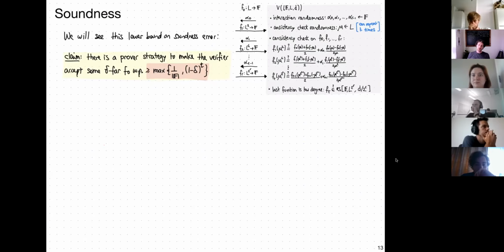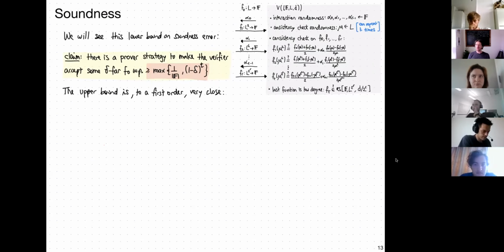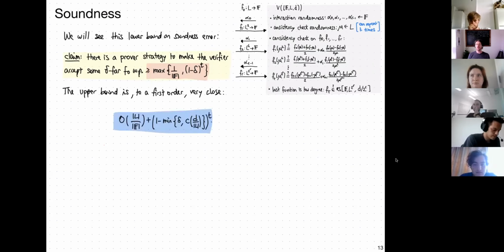And then to show soundness analysis, we need to show that no attack whatsoever could do much better than that. And what we'll see is an upper bound which is, up to first order, quite good. We'll get this bound. It's almost exactly what you see here, only instead of 1 over f, we'll have L over f.